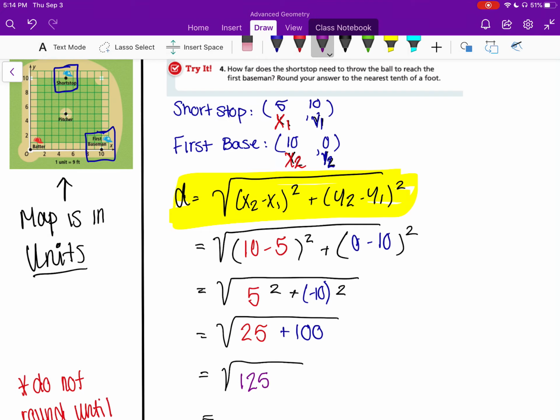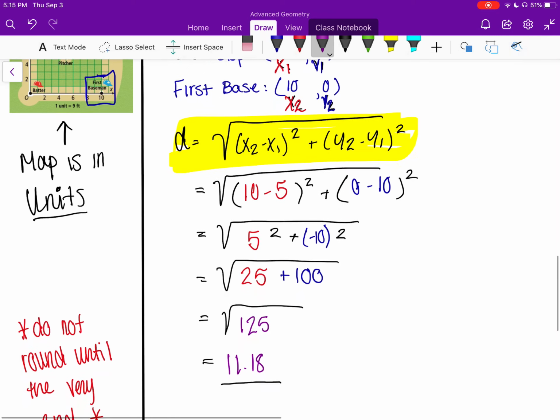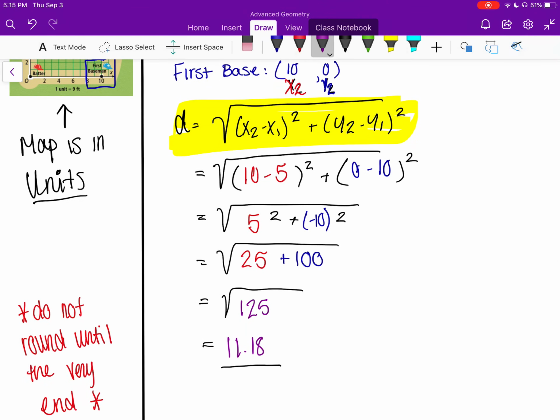Now, whatever calculator you're working with, whether it be something on a Chromebook, an iPhone, an online calculator, anything, when you get the square root of 125, you're going to get approximately 11.18. But I do not want you to close out of that calculator. Let's leave it up because we want to make sure we're answering the question.